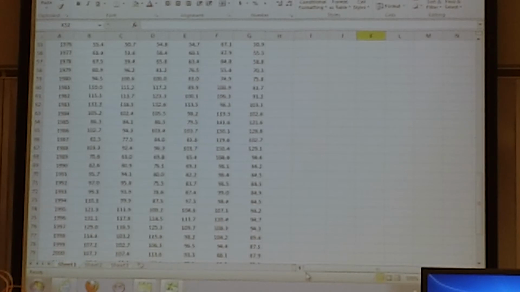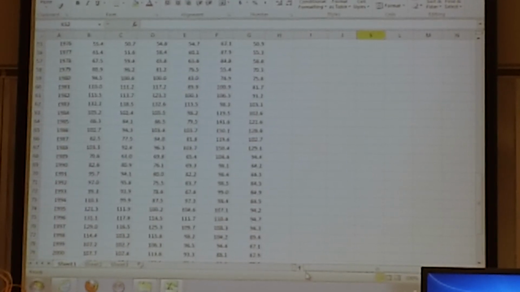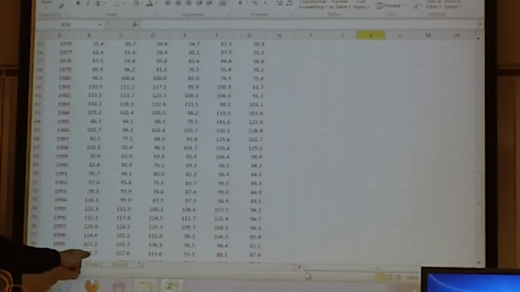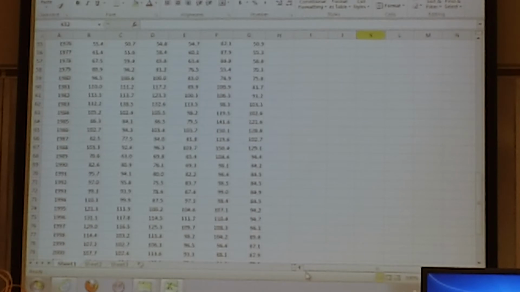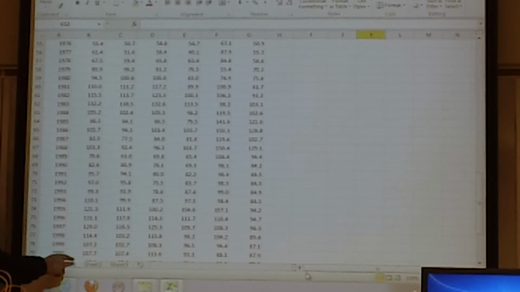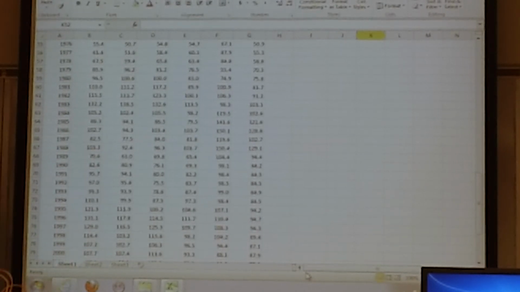So the way we would do it is we take 100 and we times it by the number in 2000, 107.7, minus the number in 1999, 107.2, and then we divide it by 107.2. And that gives us the inflation between those 2 years. That's the computation we make.